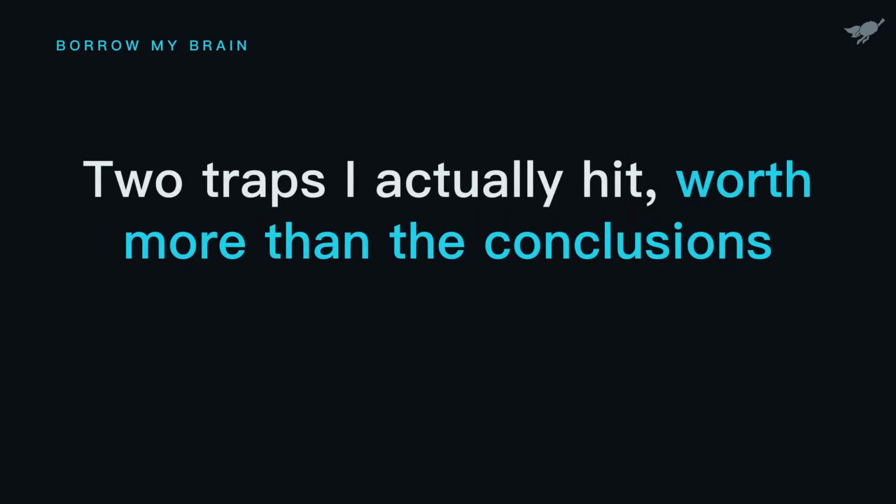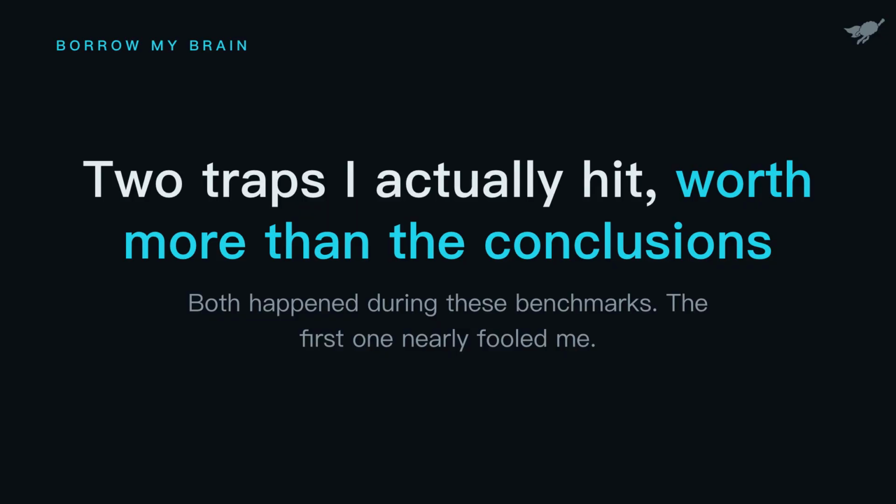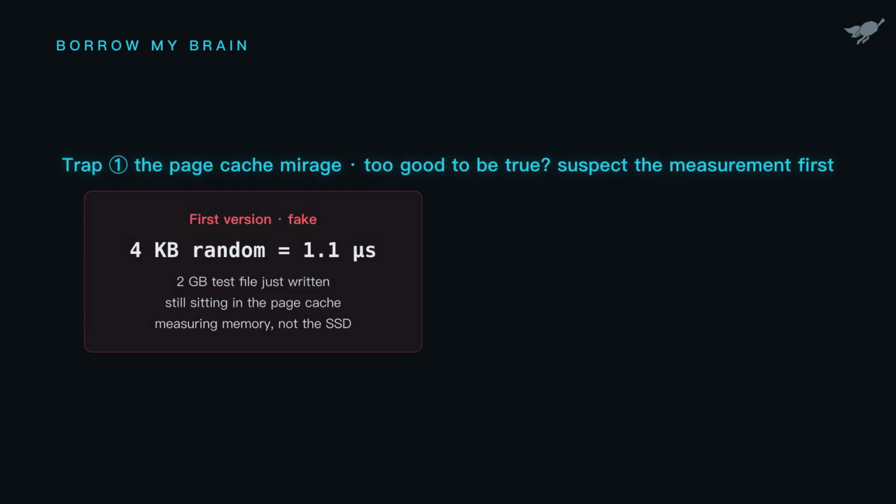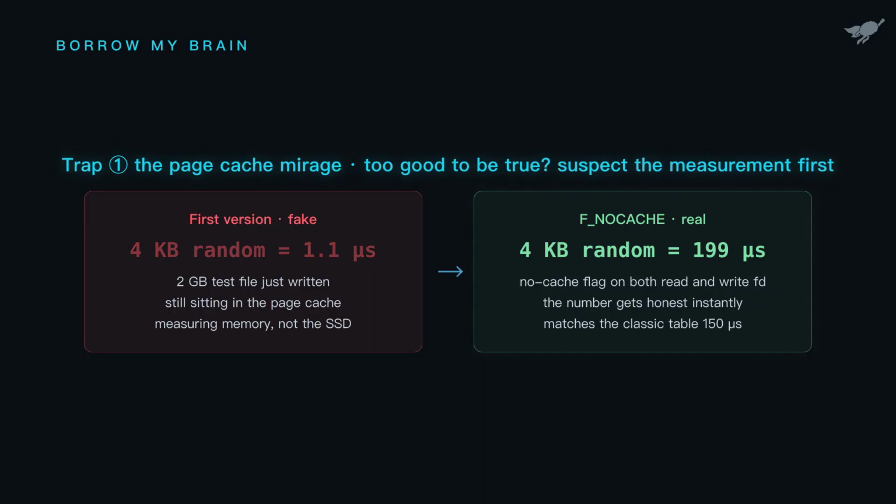Before we wrap up, the 2 traps I genuinely stepped in during these tests. They're worth more than the conclusions. Trap 1. My first pass at the SSD test, 4 KB random reads, came out at 1.1 microseconds. More than 100 times faster than the table. I almost believed it. Then I took a breath. That can't be right. That 2 GB test file had just been written, and the whole thing was still lying in the operating system's page cache.